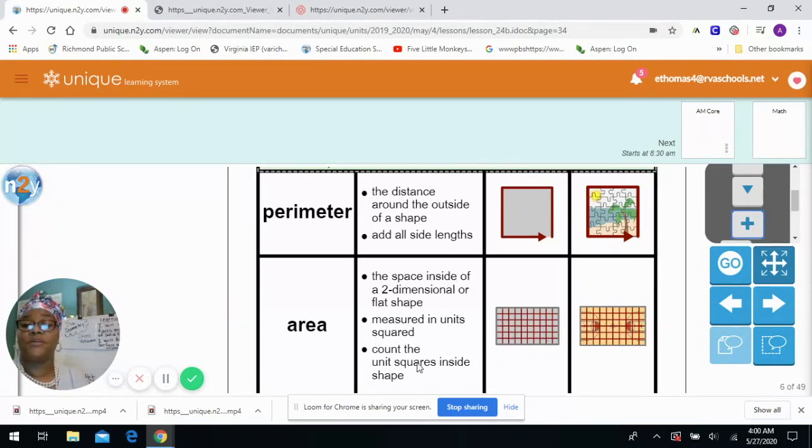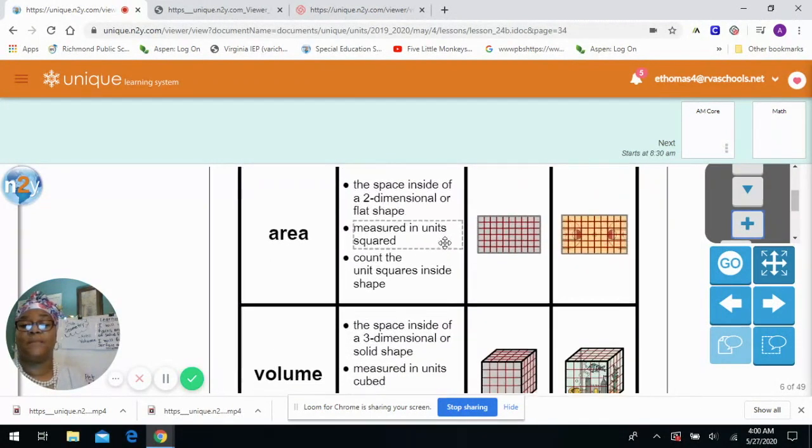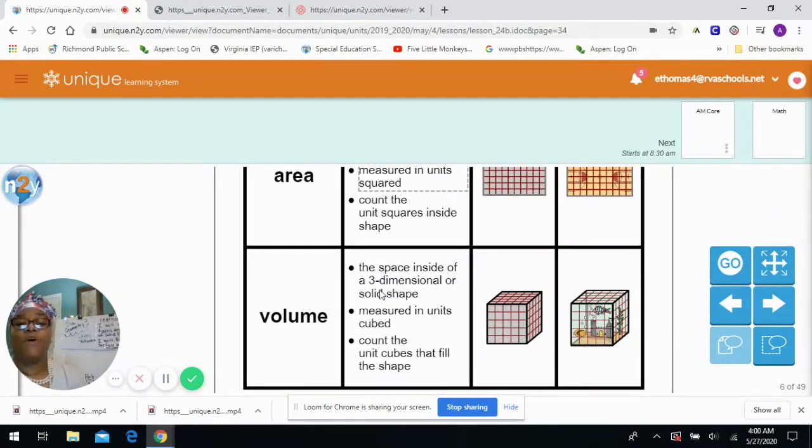Count the unit squares inside the shape. Volume is the space inside of a three-dimensional or solid shape, measured in units cubed. Count the units cubed that fill the shape. So all of that.